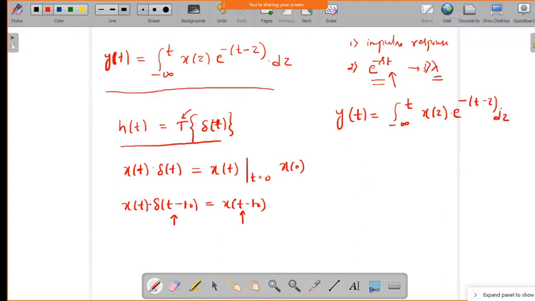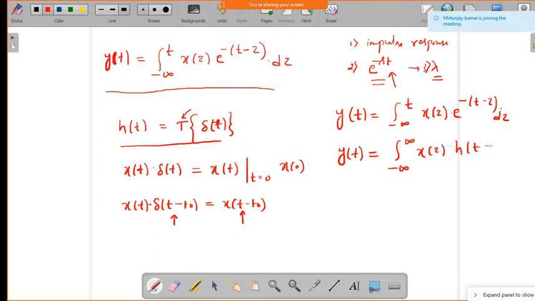So now if you take h of t and x of t, the convolution in time domain, we know the equation: the integral from minus infinity to plus infinity of x of tau into h of t minus tau into d tau, is it not? So this is the actual convolution equation in time domain.